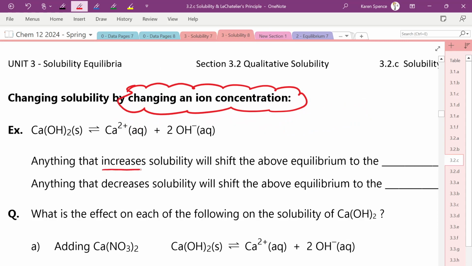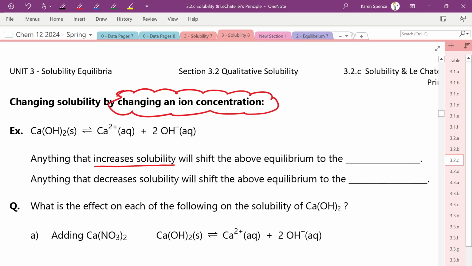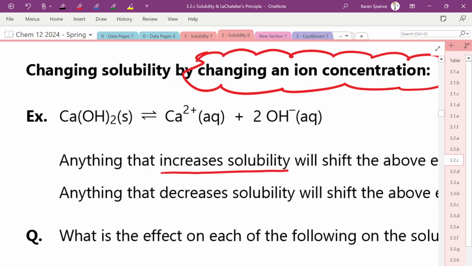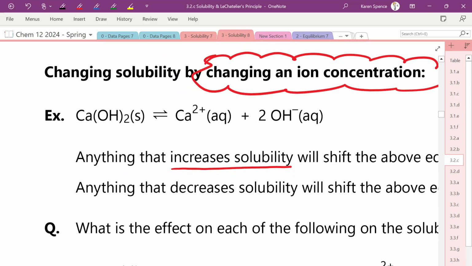Anything that increases the solubility will shift that equilibrium to the... By increasing solubility. If we're increasing solubility, is this equilibrium shifting right or left? Shouldn't it go left this way? It should be left.